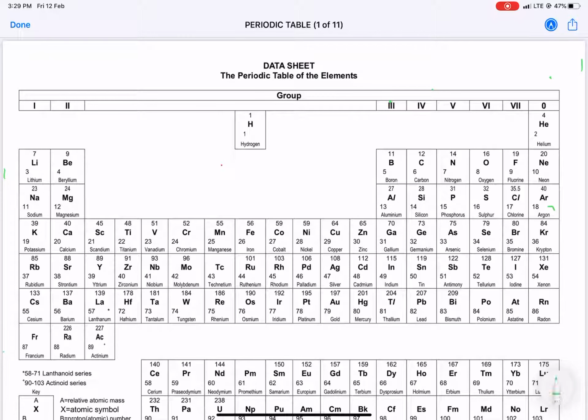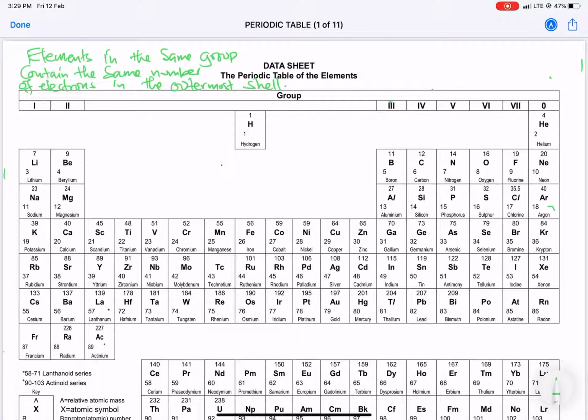Elements in the same group contain the same number of electrons in the outermost shell. Okay, so that is very important to take note. Elements in the same group contain the same number of electrons in the outermost shell.